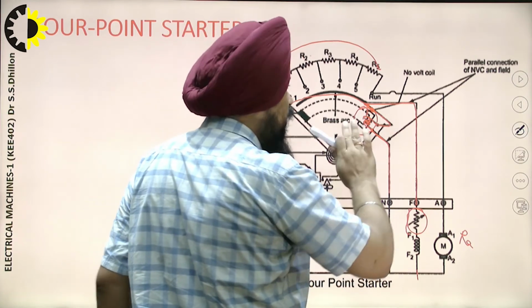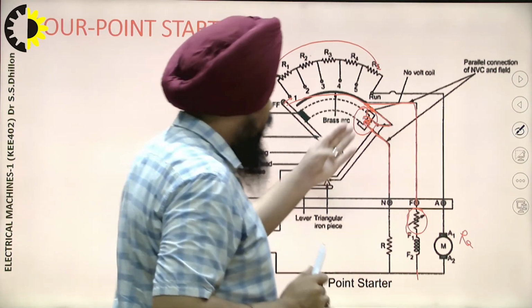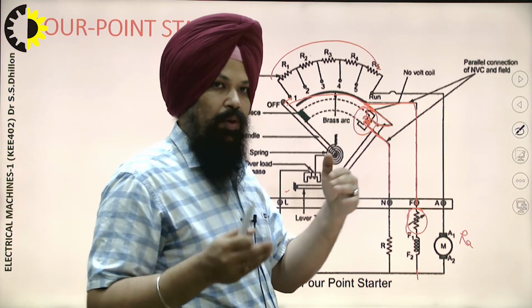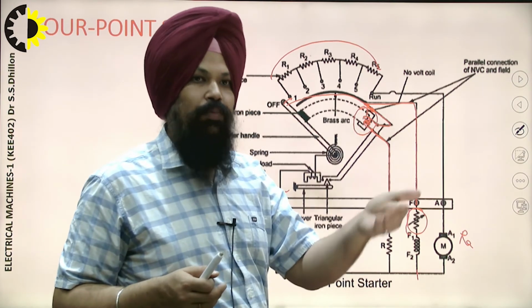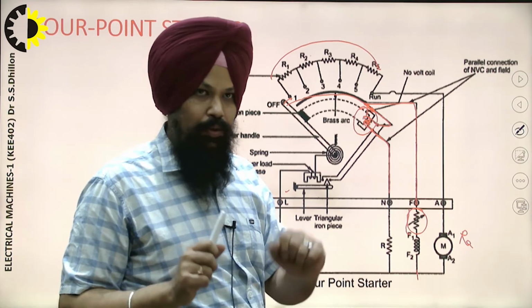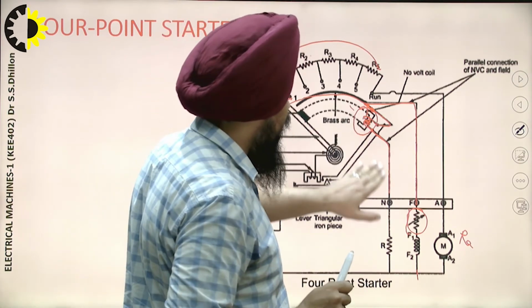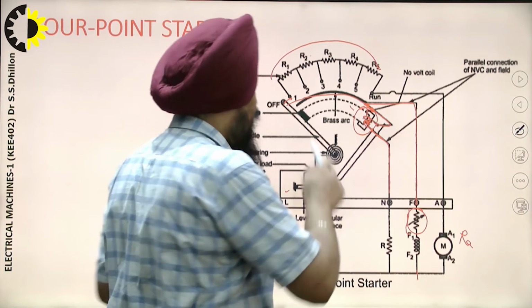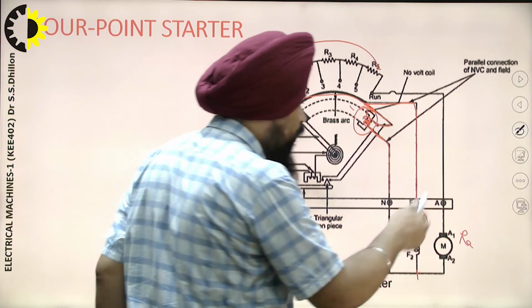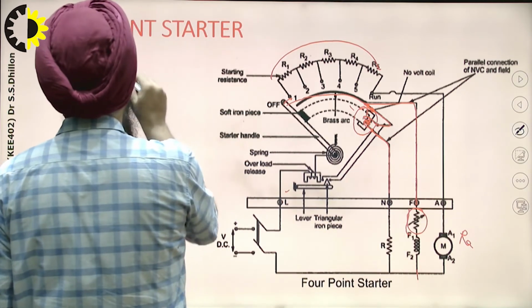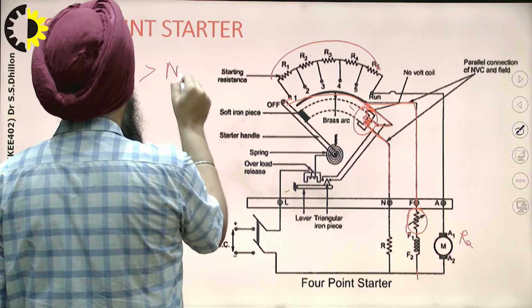So now the problem of low field current in the case of speed above the rated speed is eliminated. Now a constant current will flow through the electromagnet, and that will hold the handle in the on position as we approach speed above the rated speed.